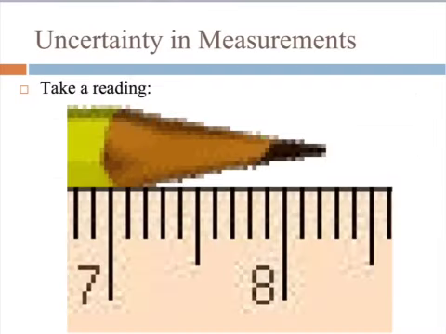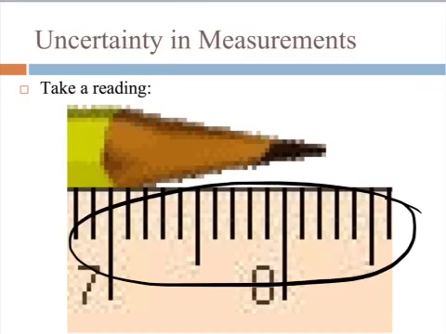So let's take a look at this example. And yes, that pencil is blurry, so nothing is wrong with your iPad. Do not adjust. I look first at the ruler given to me and try to figure out the scale. These are called increments.